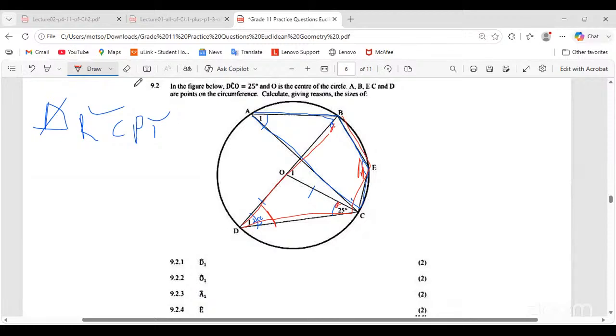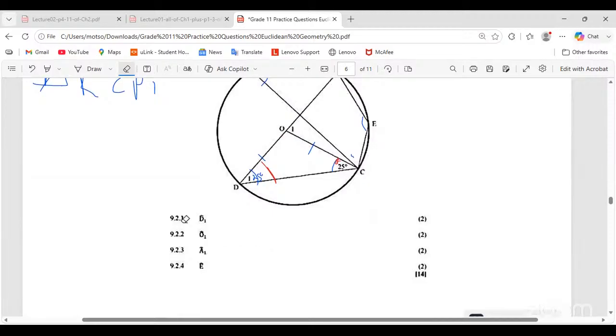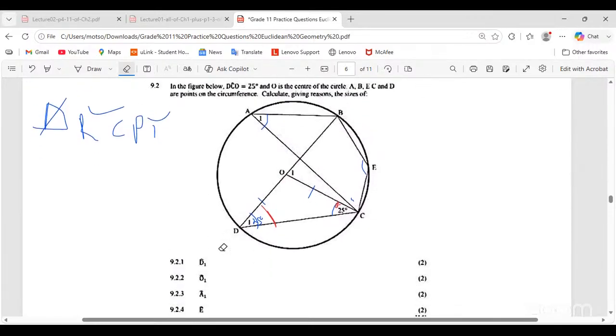Now, we can simply dive into the problems and see what we can do to answer the questions. In 9.2.1, we are required to find the size of angle D1. Of course, we already found the size of angle D1. We said it is equal to 25 degrees. But now, what is the reason behind this statement?